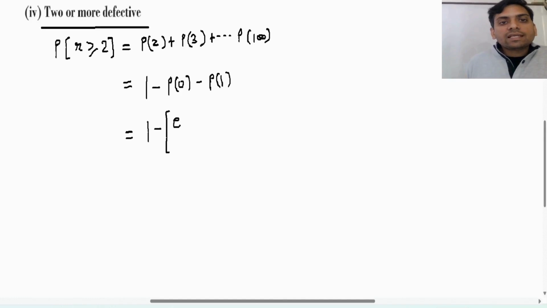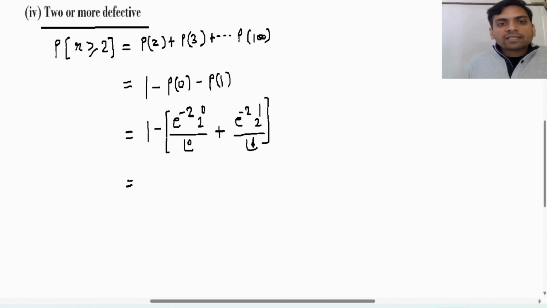Clear? So this is e raised to the power minus 2, and m is 2, 2 raised to the power 0 in this case, divided by factorial 0. And now we will write plus because minus is taken as common. So now you will write this as e raised to the power minus 2 and 2 raised to the power 1, divided by factorial 1.